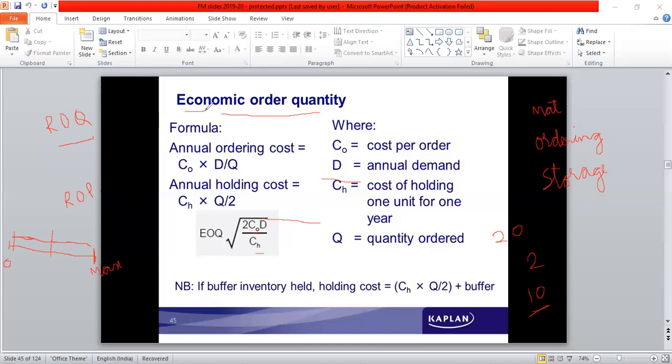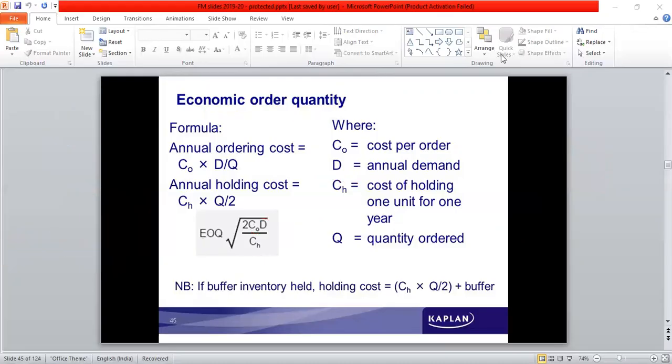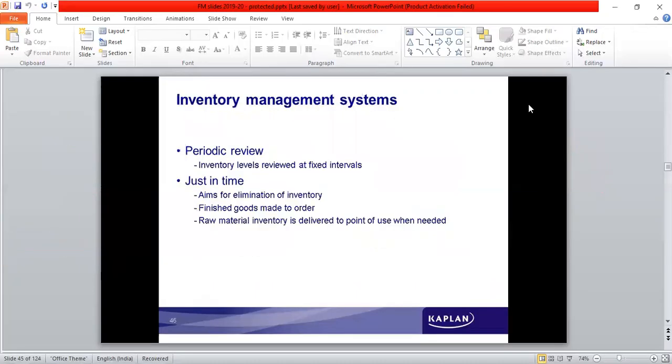EOQ is the first formula which we are looking into under inventory management. Then, what are the inventory management systems? Conventionally, material is purchased even before there is an order placed by the customer.